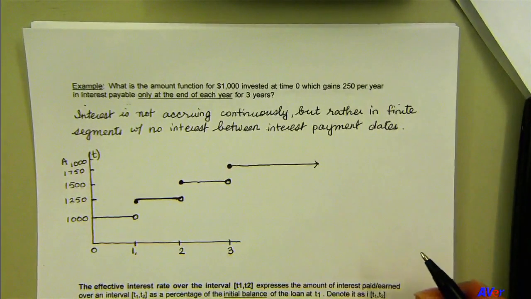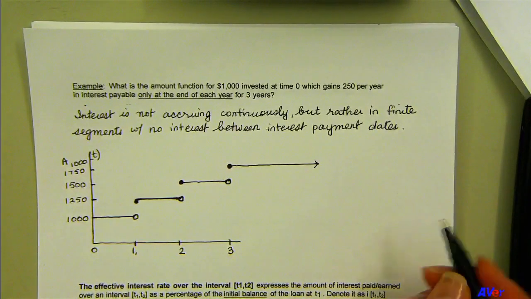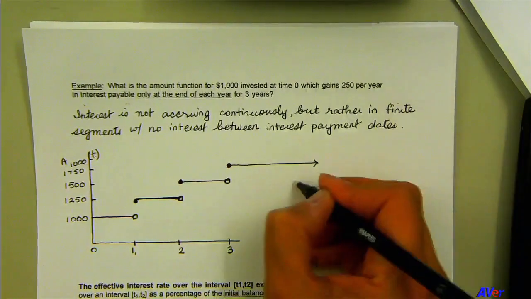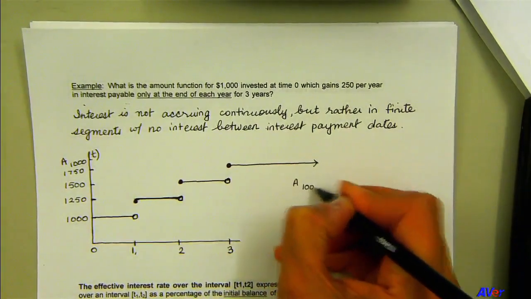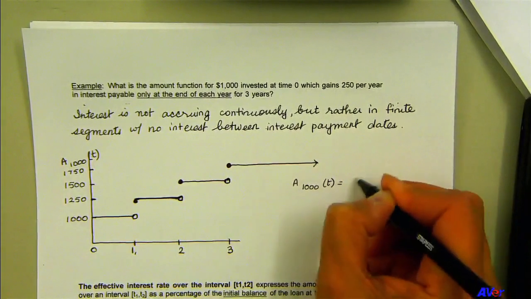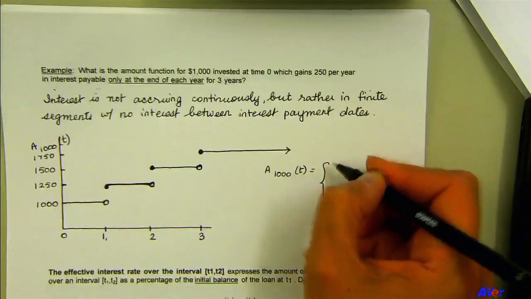Let me write this amount function. A1000 of t equals, let's be careful with our inequalities now, right?